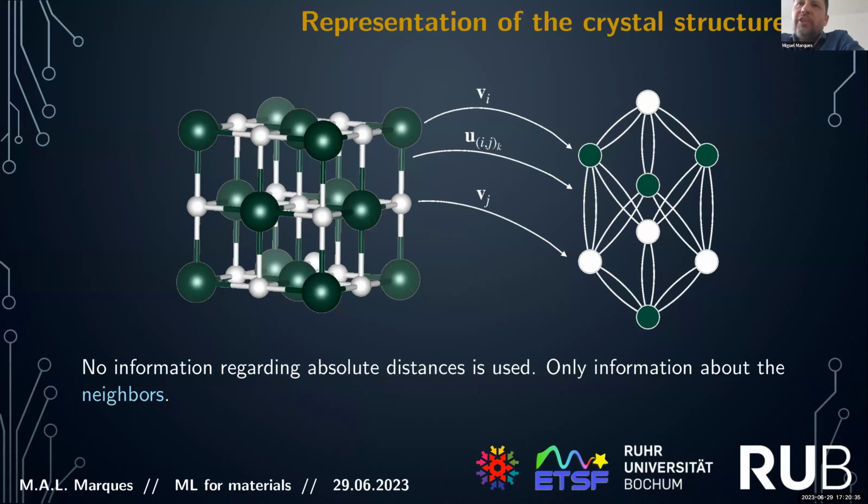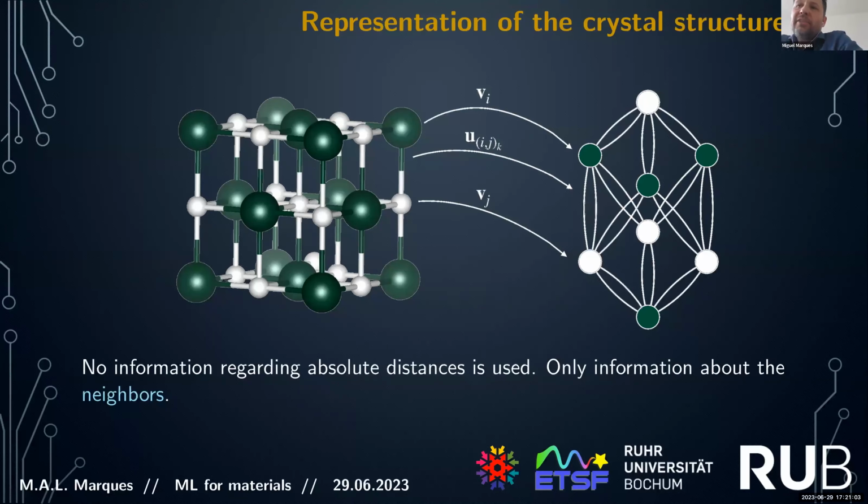We had to change a little bit the standard graph representation of the crystal structures, because in order to build this representation, you usually have to know the crystal structure. And we do not have the crystal structure for compounds that we haven't calculated yet. So we had to make the representation a bit more abstract. In our machine learning approach, we do not use absolute distances.